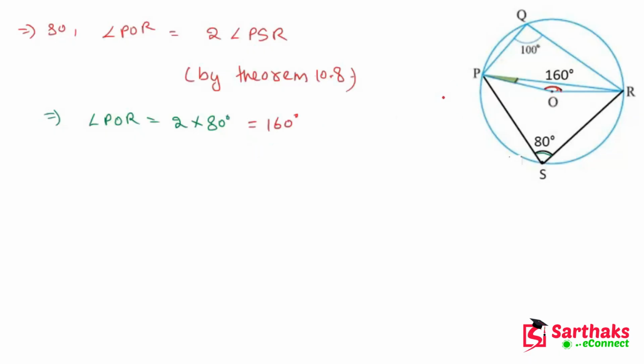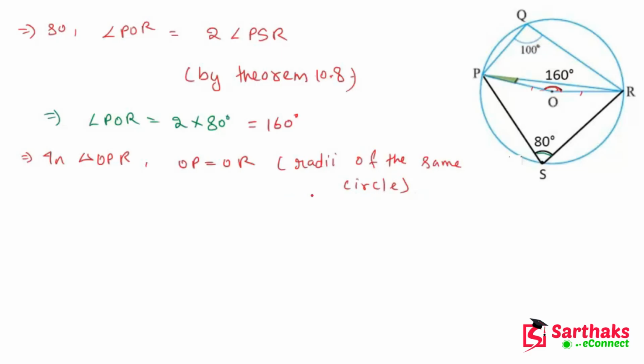Now in triangle OPR, we know that OP is equal to OR, because these two sides are radii of the same circle, and we know that radii of the same circle are equal.